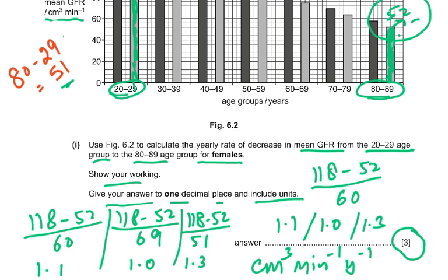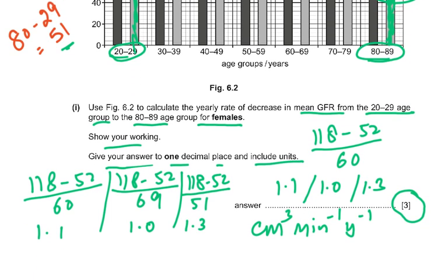So of course you got the figures 118 and 52, but the yearly rate, because this was between 20 and 29 and that was between 80 and 89. So you had to see the yearly. If you said 80 minus 20, 60, even that was okay. 89 minus 29 was also 60. But then if you said 80 minus 29, so all those possible answers could be correct. So please have a look at this very carefully and see if you were able to get this answer correct or not.